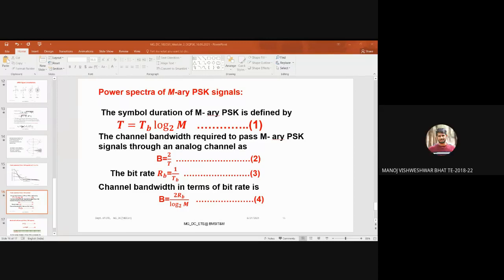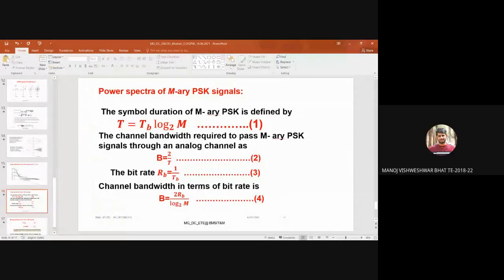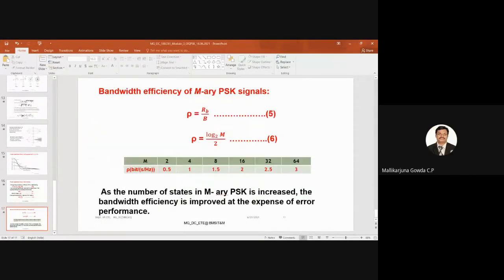Manoj. Yes, sir. Can you tell me what is the bandwidth efficiency for M-ary PSK? Rho is equal to RB by B. I said the bandwidth efficiency symbol is rho. Rho is equal to RB by B. Okay.